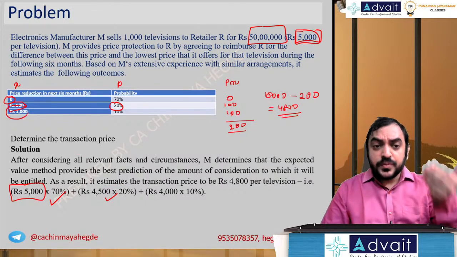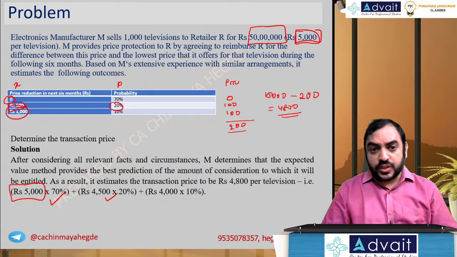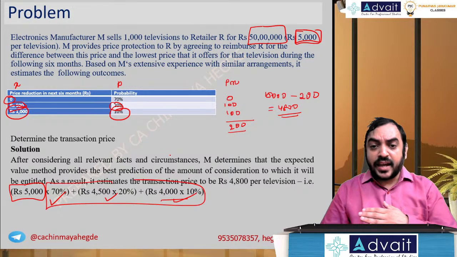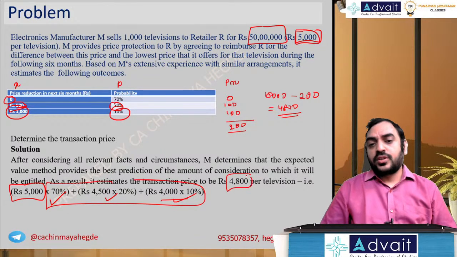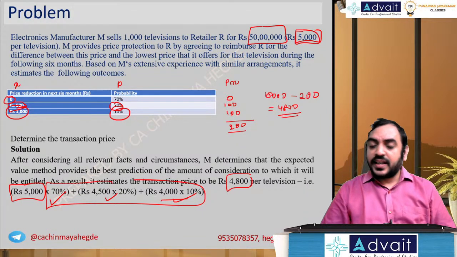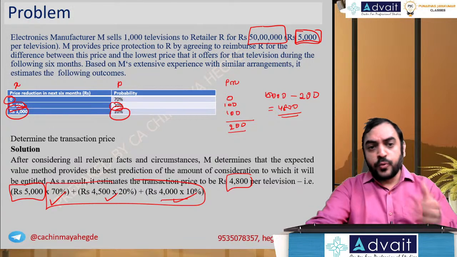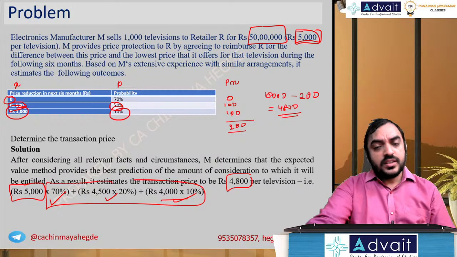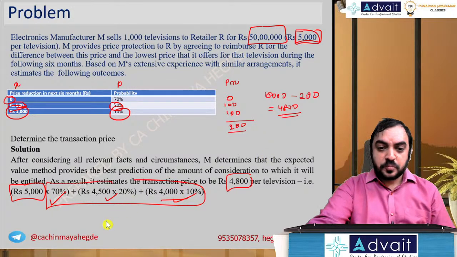Out of 5000, 1000 you subtract, you get 4000, and that return probability is 10%. So 4000 into 10%. When you multiply and add, that also will give you 4800 per television. Into 1000, you get 48 lakhs. So you can do it in both ways. That is how this problem is to be done. Hope it is fine. I'll go further.